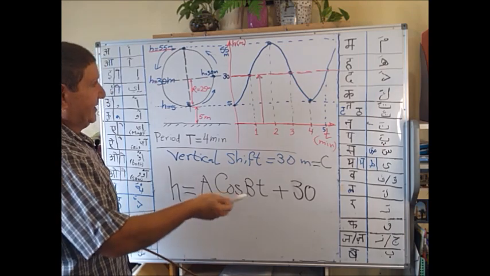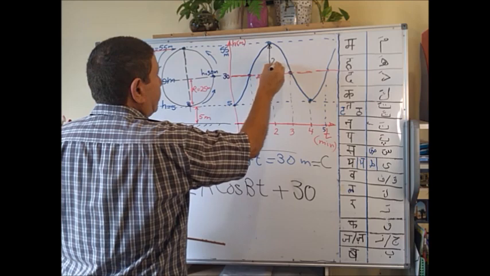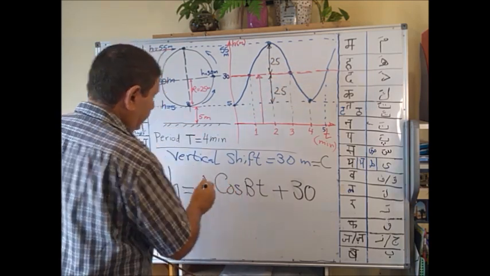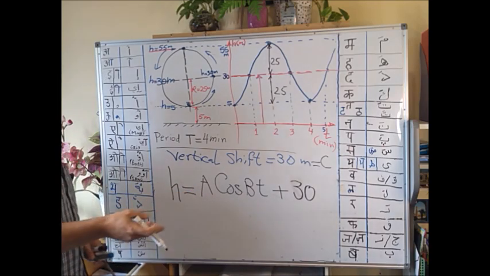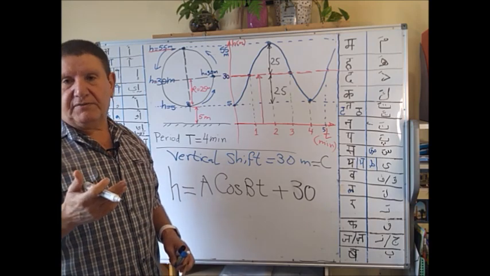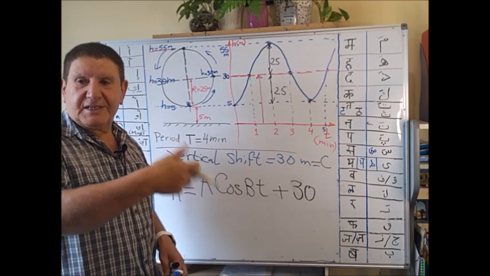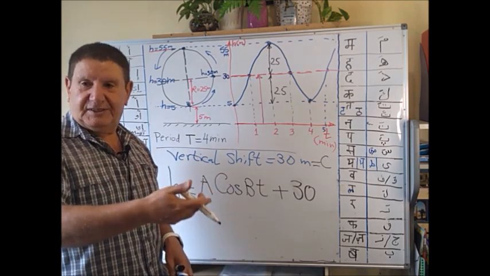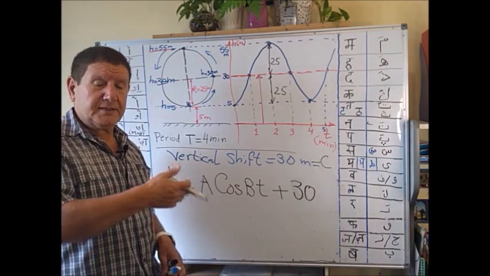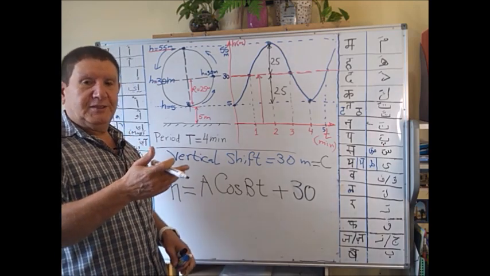So we can say this is 25 and this is 25. This means A is not just 25, it's minus 25, because as we saw, it is a reflected cosine function, so it's negative. The amplitude is 25, but the number A is not always the amplitude if it is positive.